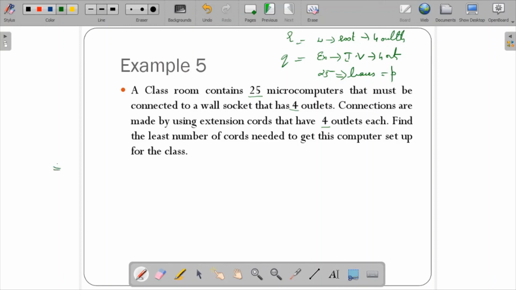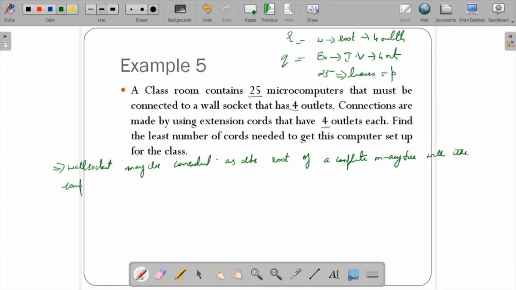Same thing here. The wall socket may be considered as the root of a complete M-array tree, with the computers as its leaves and the internal vertices other than the root as extension cords.